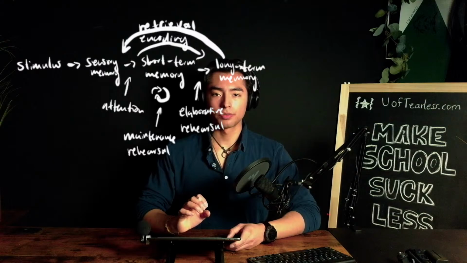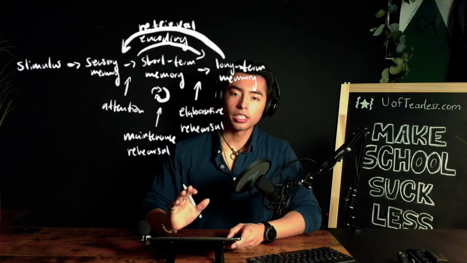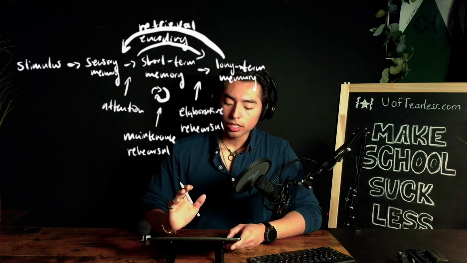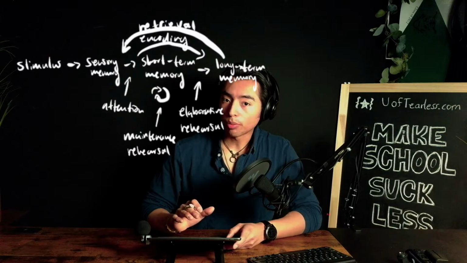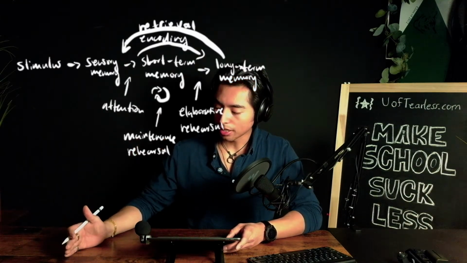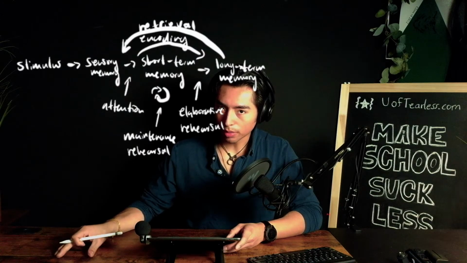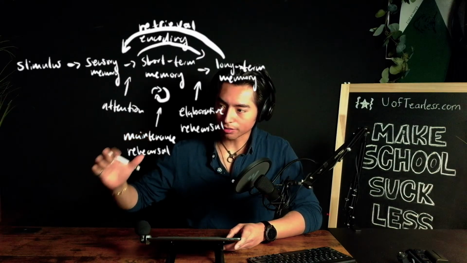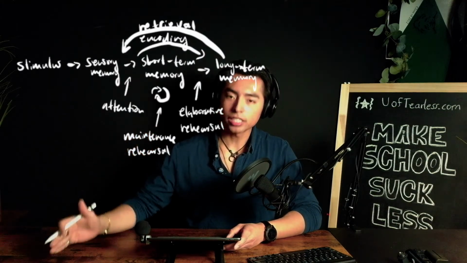What happens when you are limited on cognitive energy is that you might not have an encoding problem. You might be giving something your attention and you might be able to connect it to long-term memory or to everything that's already there to get it to long-term memory.